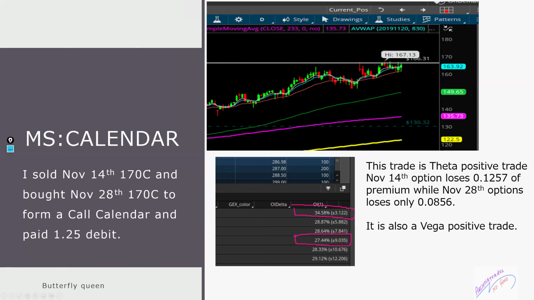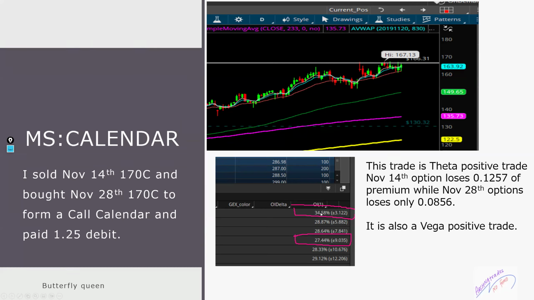166 somewhere. Okay, so I sold the November 14th 170 call and bought the November 28th 170 call to form a call calendar, and I paid a $1.25 debit. You can see that the IV for the shorter date, November 14th, was 34, but November 28th is 27.